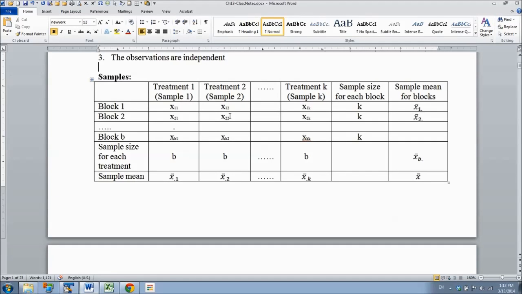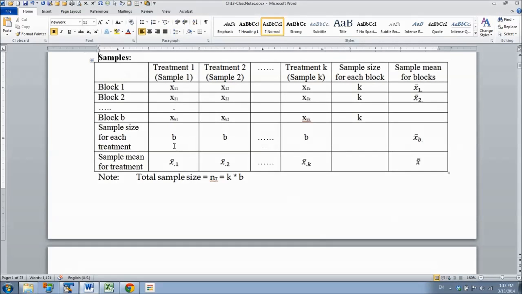Similarly, we can find the sample mean for each column, that will be x bar dot 1. The first subscript being rows, we have averaged all the rows, and this is for the first column, then x bar dot 2 and x bar dot k. And then the total number of observations is k times b, number of columns times number of rows. That is our total number of observations in the sample.